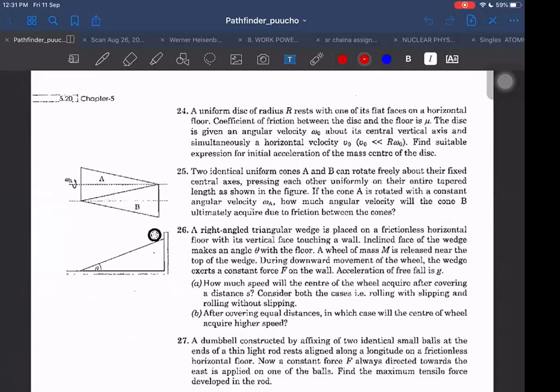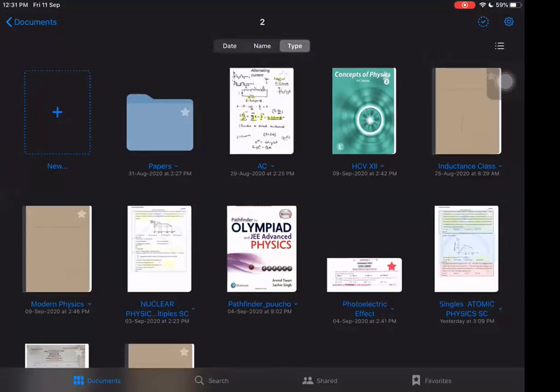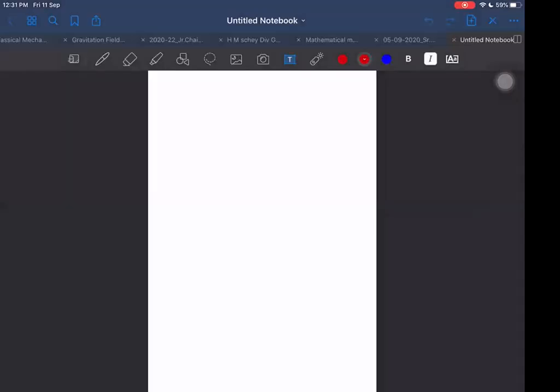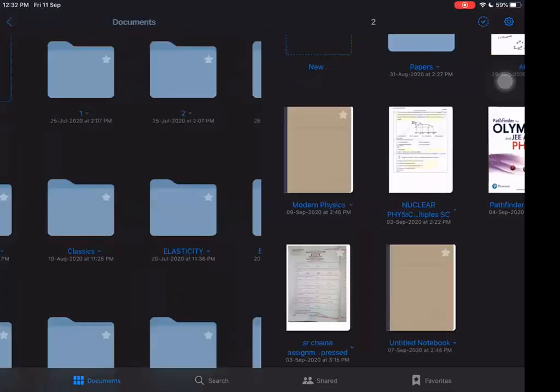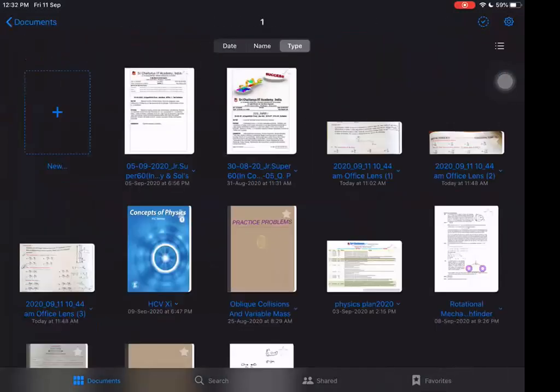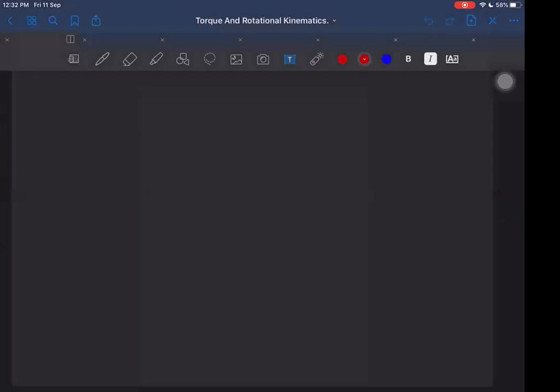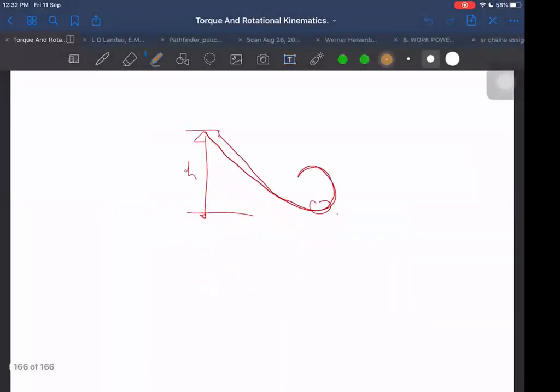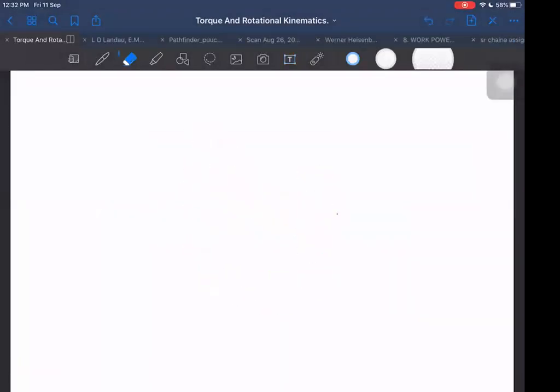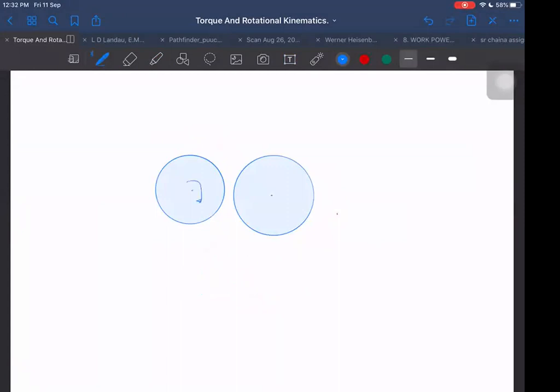Okay, let us take one question here. There are two disks, free to rotate about their axes.